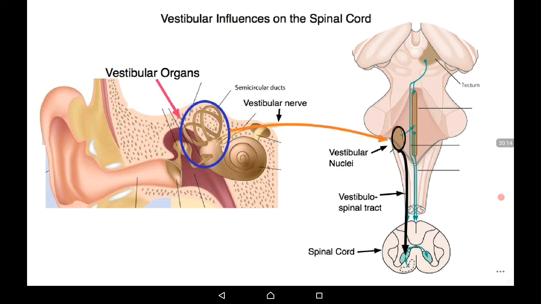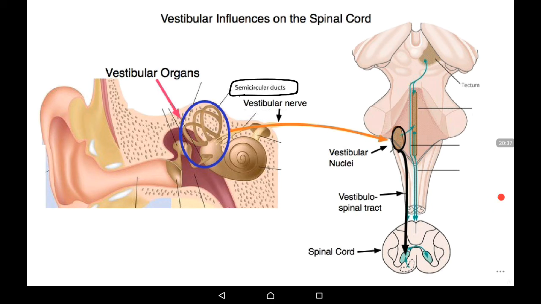And at last, the vestibular analyzer. The peripheral part of that analyzer is located at the vestibular organ that is also in the temporal bone of the skull. We have here semicircular ducts.